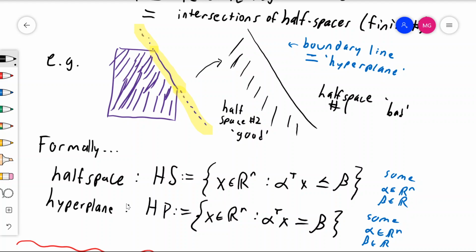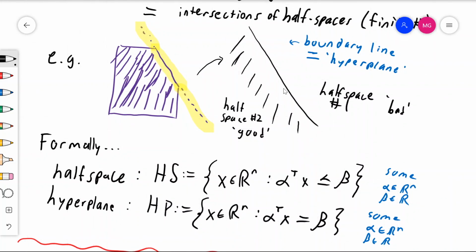And then a hyperplane is the set of points where alpha transpose x equals beta. So it still satisfies less than or equal to, but it satisfies it tight, exactly with equality. That would correspond to this line, because when you're strictly less, you're on the left-hand side here of the half space, and as you approach, you're getting larger and larger values for alpha transpose x.